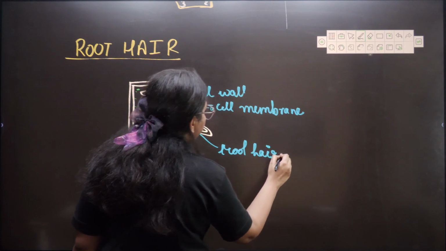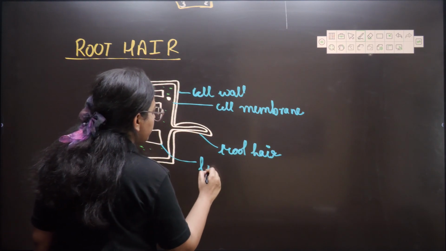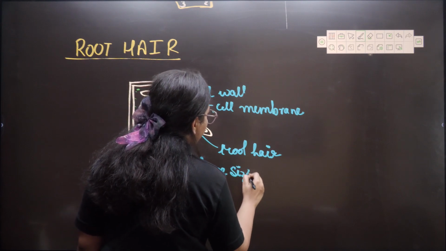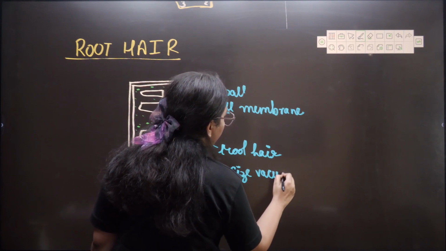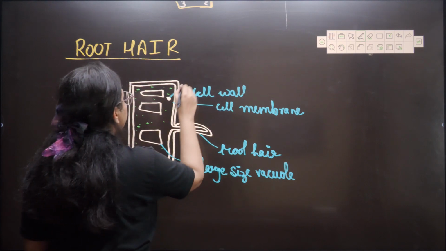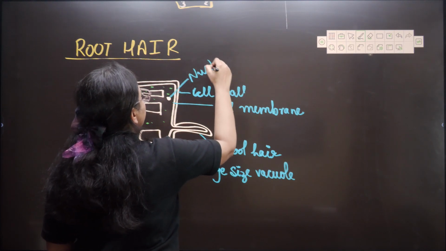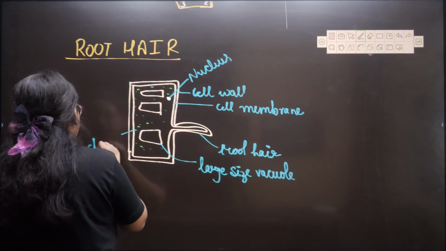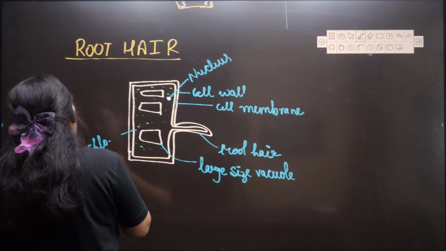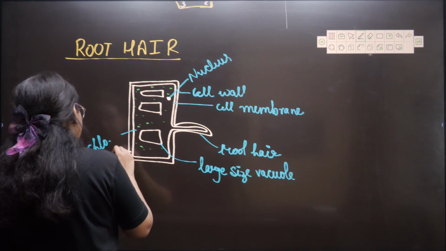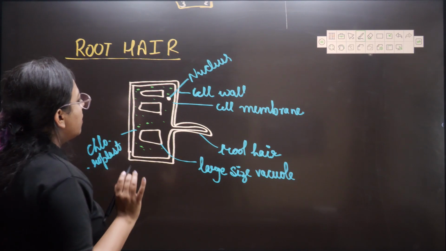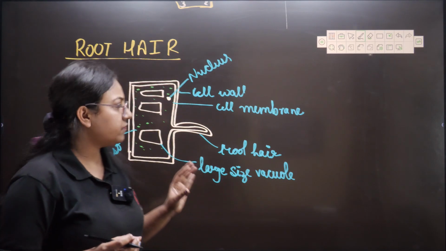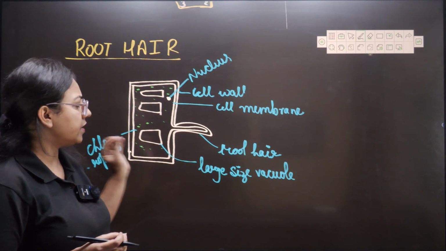This is the large, you can see, very large size vacuole. This is the nucleus. Okay, and then this is chloroplast. Everything is done. So this is the whole root hair diagram. This is very, very simple.